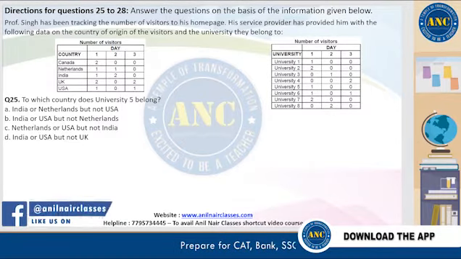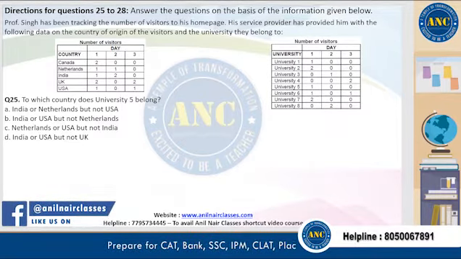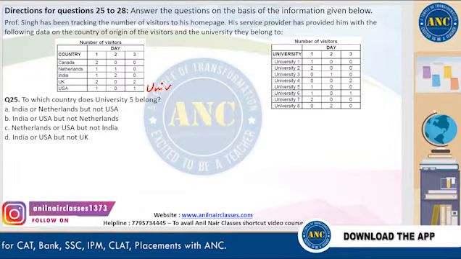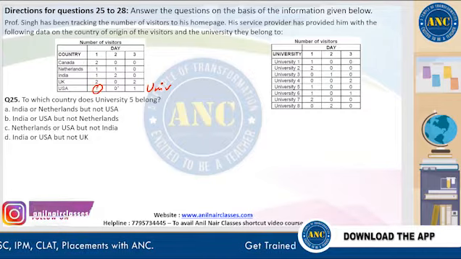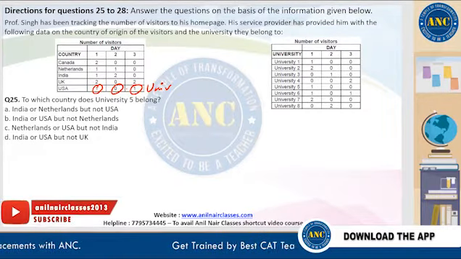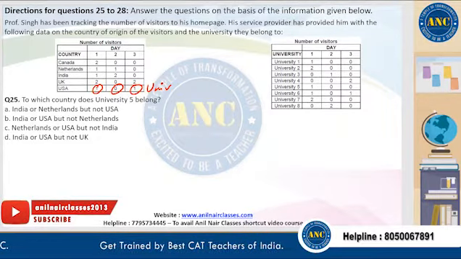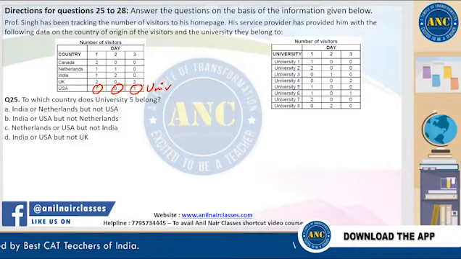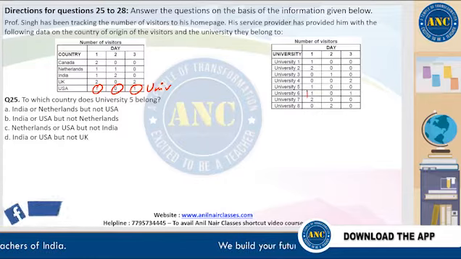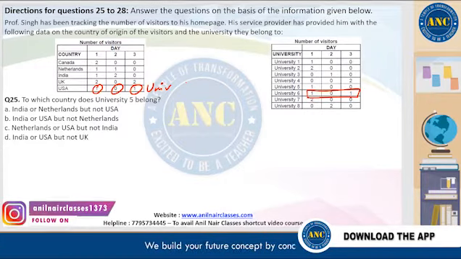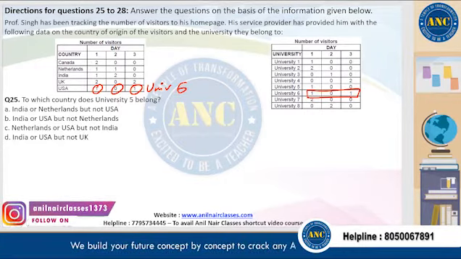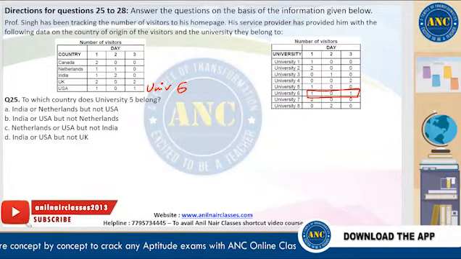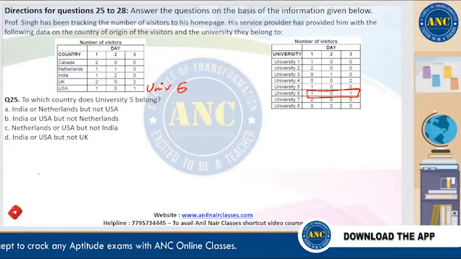And to start with, everyone would have started thinking for the university belonging to US, because in US we have 101. And there is no way we can map the 101, except taking university 6. There's absolutely no other way of mapping US other than taking the university number 6.